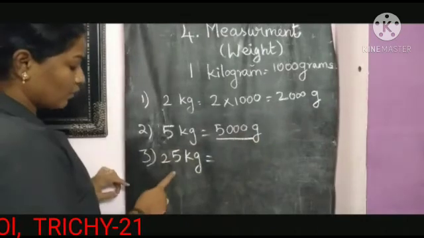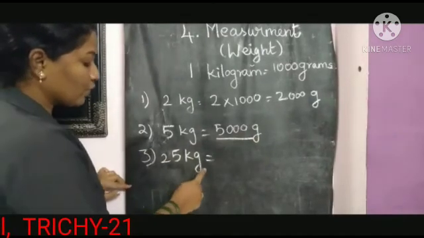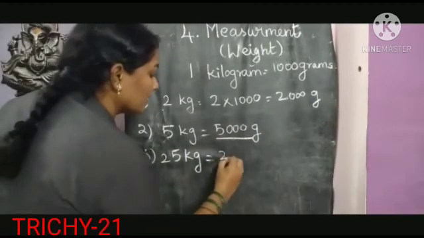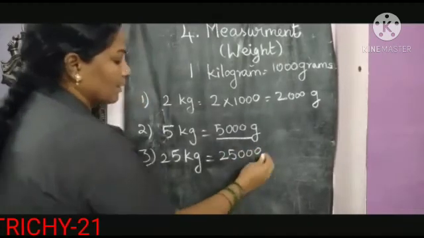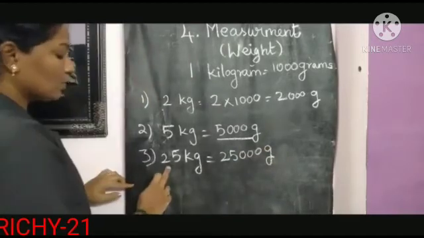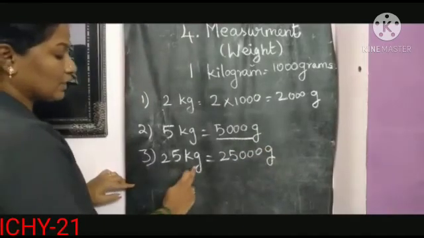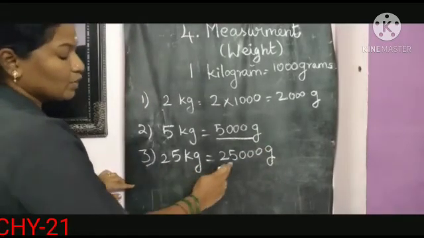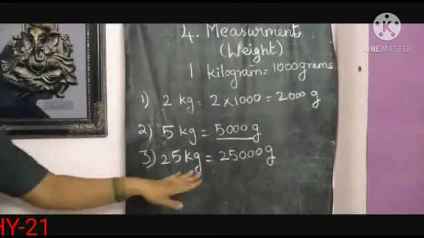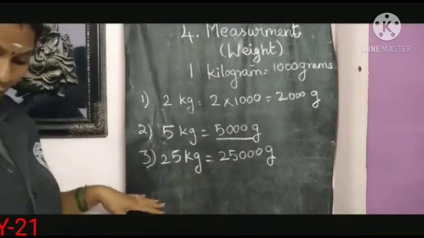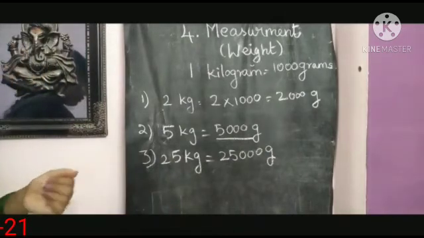Let's see one more sum. 25 kilogram. Very simple. Write 3 zeros near the number. So 25 kilogram equal to 25,000 gram. Clear?